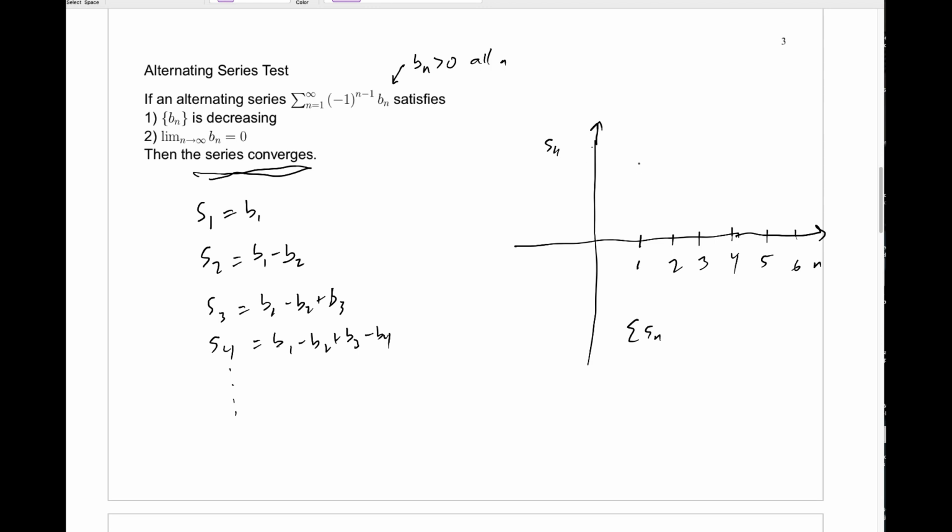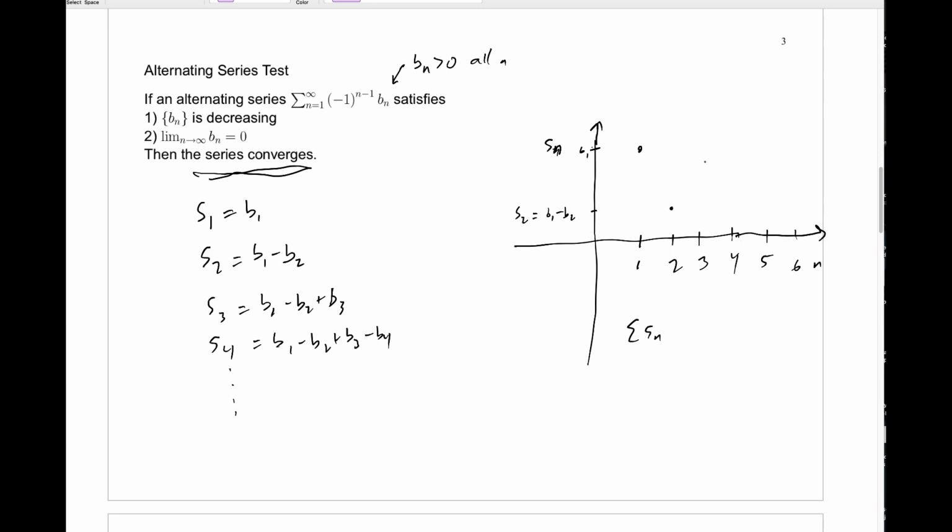We're going to start up here at b1. That height will be b1. That's S sub 1. Then S2 is b1 minus b2. Now that could be positive or negative, it doesn't matter. I'll just draw it as if it's still positive, but it's definitely smaller than b1. So this, I'm just going to write here, is b1 minus b2. That's S2.